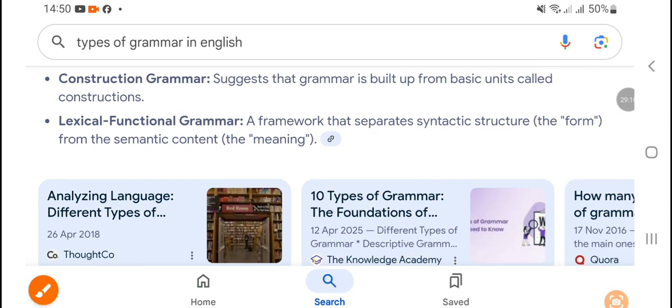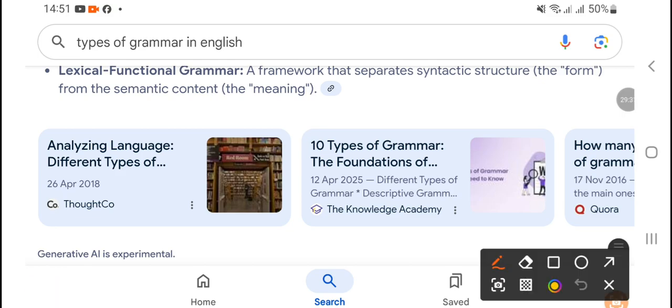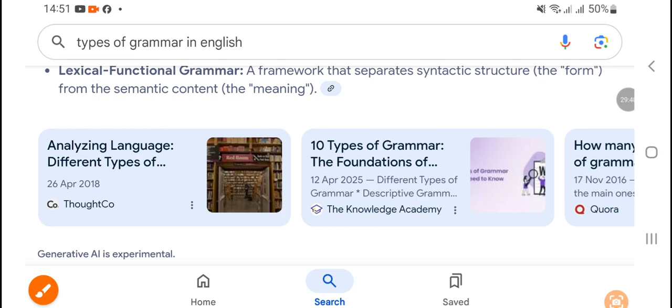So this detail is lexical functional grammar, a framework that separates syntactic form from meaning. Sometimes we cannot form a sentence blindly, we have to maintain meaning as well. That is called lexical functional grammar.